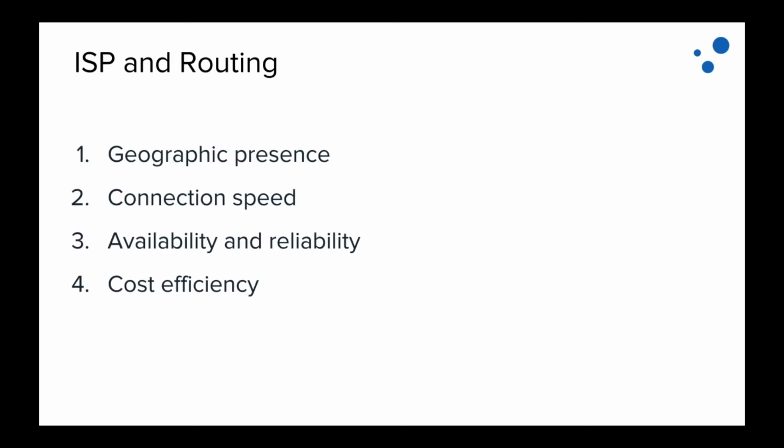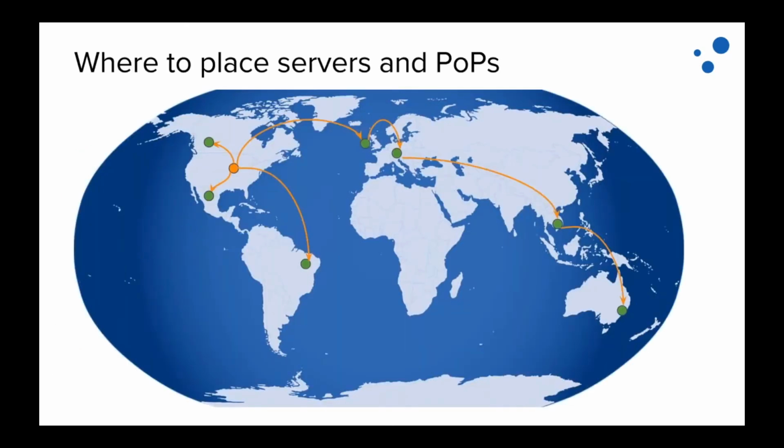So at this point, once you know which kind of hardware you want to have and how to connect it, you basically have to decide where to place the origin server and where to place the POPs, the points of presence. So in this example, we have an origin server in the US, that's the orange dot, and then we have a few points of presence distributed worldwide.